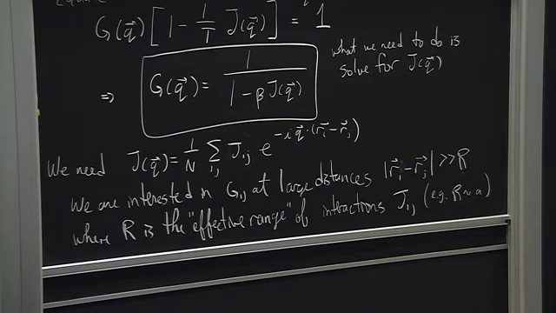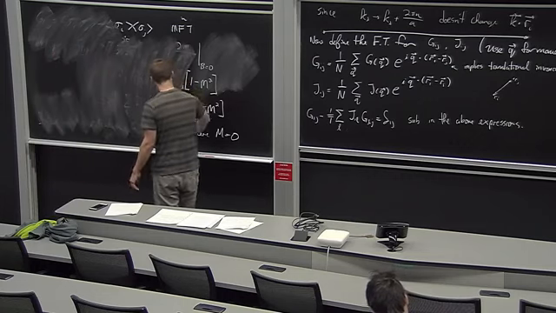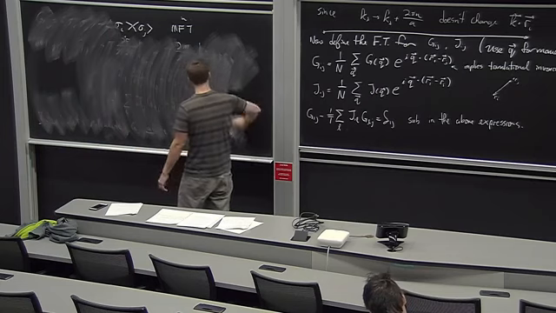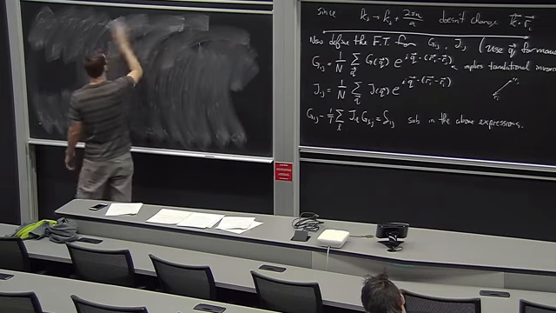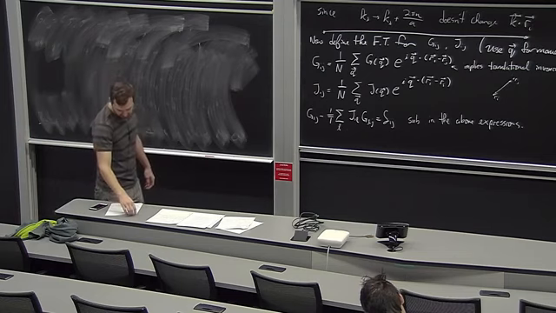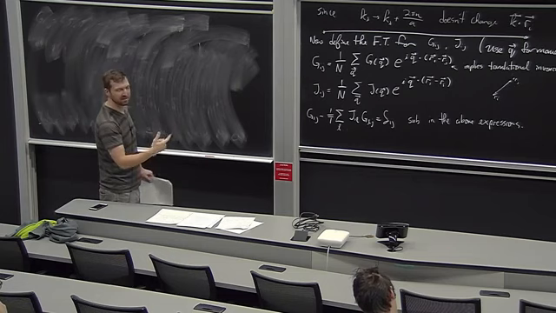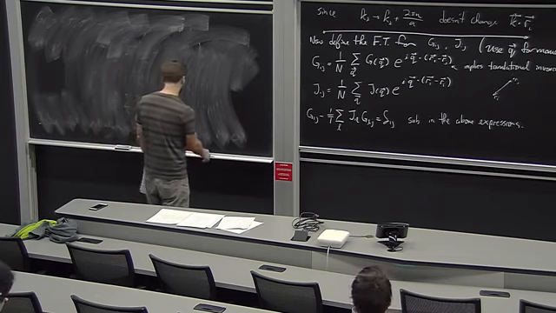So we're going to do a Taylor expansion of J of Q under this assumption. And the reason we can do that is because if we're interested in large distances, it means we're interested in small q.